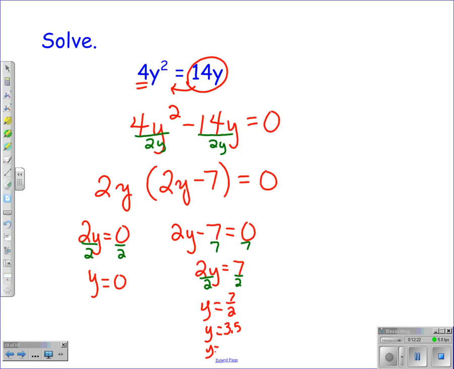I am just fine with that lovely improper fraction as long as it's in lowest terms. Please? Thank you.